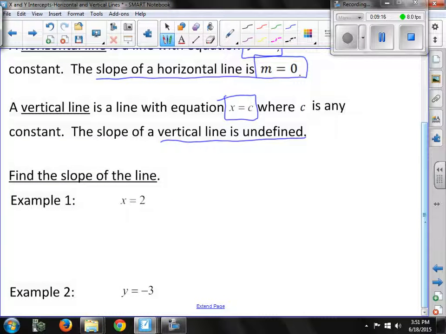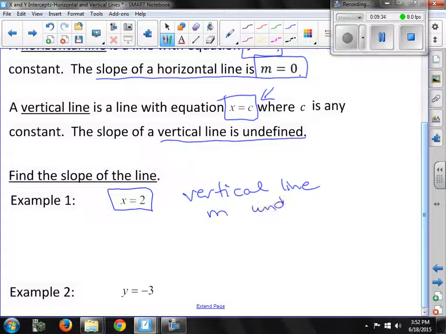So let's do these examples. Here it says find the slope of the line. Notice this looks like x equals a constant. It reminds me of that. So this will be a vertical line and the slope is undefined.